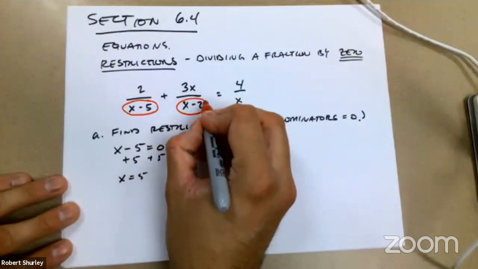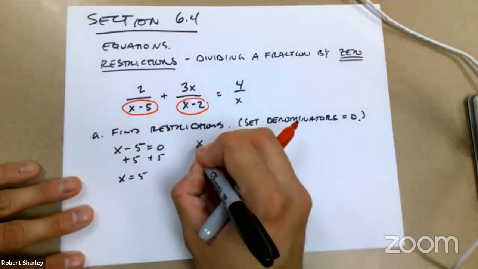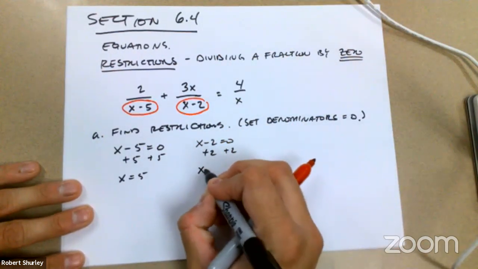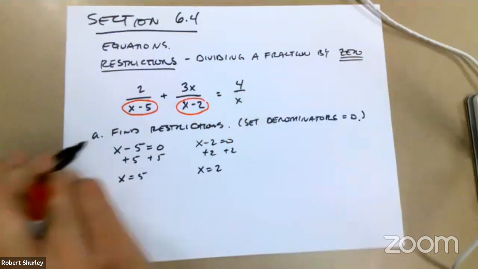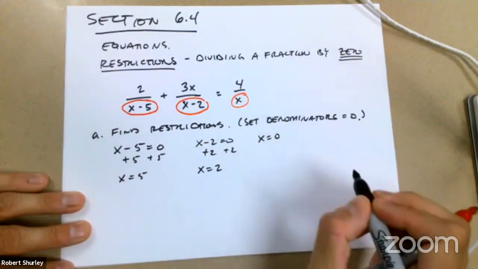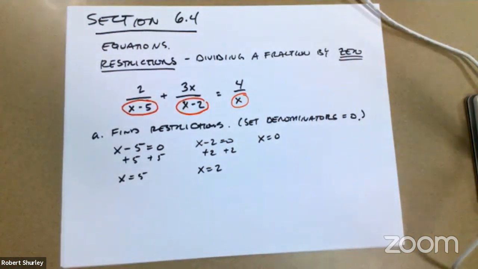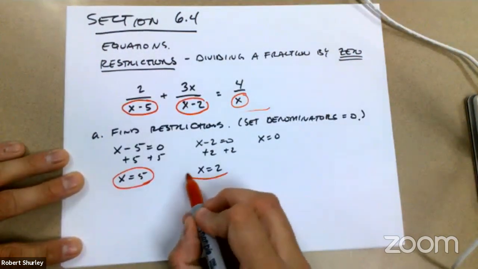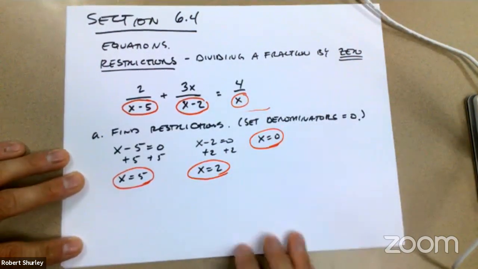Then the second denominator is x minus 2 equals 0. Add the 2. And we get x equals 2. And then the last denominator is just x. Well, x is kind of nice because it's just x equals 0. So we've found our 3 restrictions for this equation. x equals 5, x equals 2, and x equals 0.